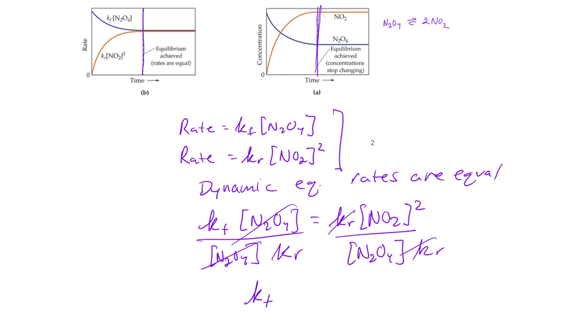So we have K sub F over K sub R equals [NO2] squared over [N2O4].